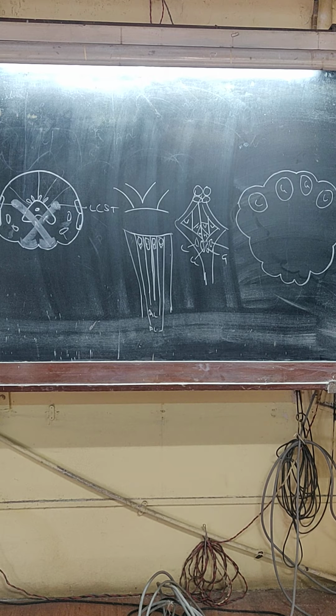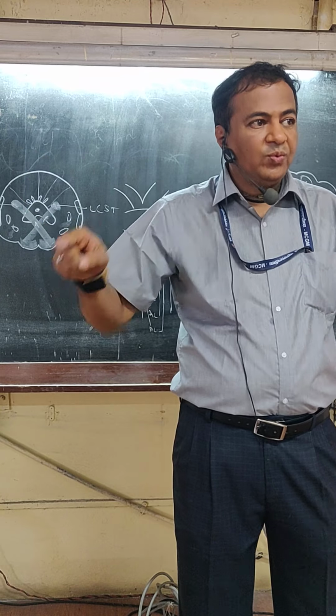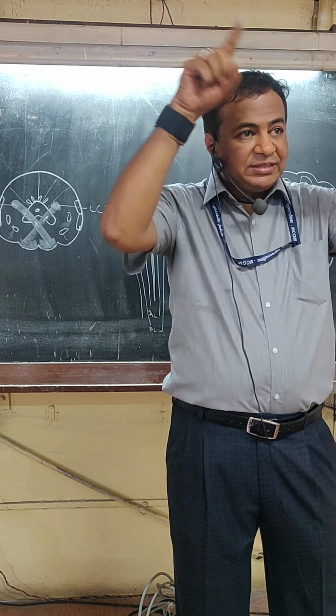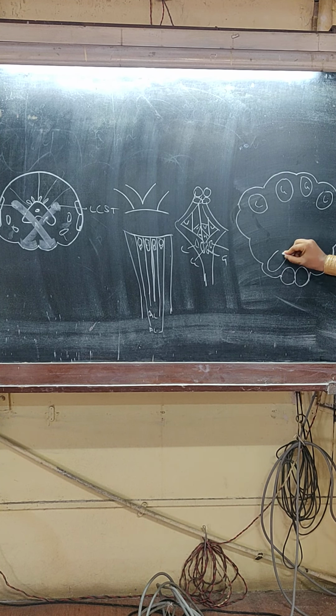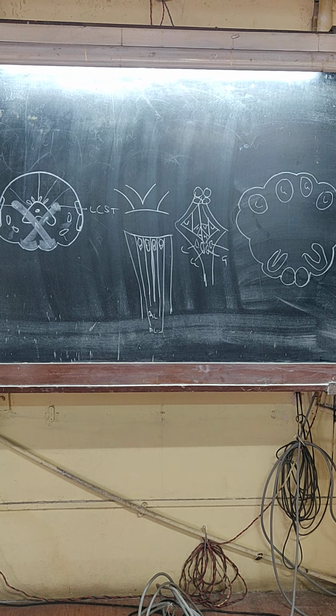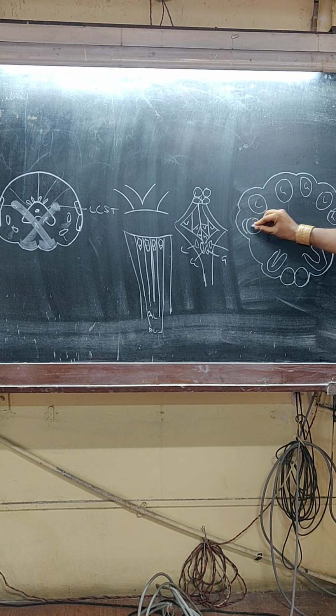So sensory decussation, you have to just remember like this. Total 6. Here is pyramid, here is inferior olivary nucleus. Here is spinal nucleus of trigeminal and the tract.